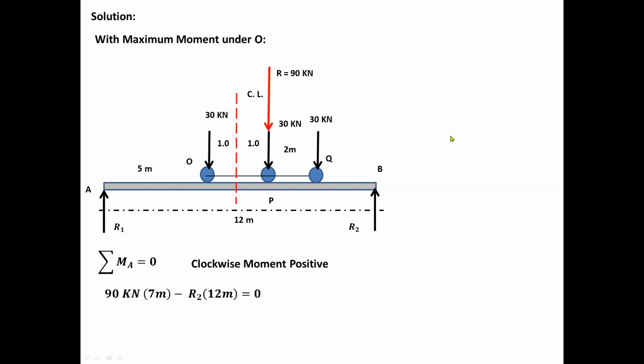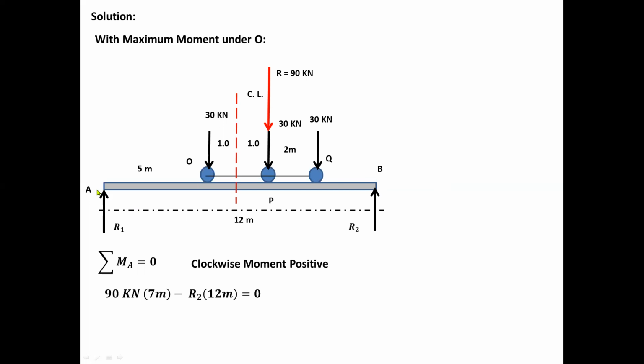We can now calculate for the value of R sub 2. Ang layo ng 90 kN sa point A is 7 meters because we have 5 plus 1 plus 1. And then ang R2 naman is 12 meters. Ang sign natin gagamitin is negative dahil ang rotation nito is counterclockwise.